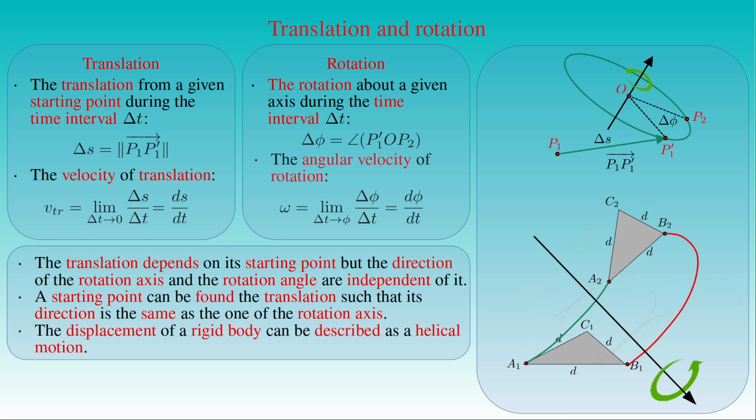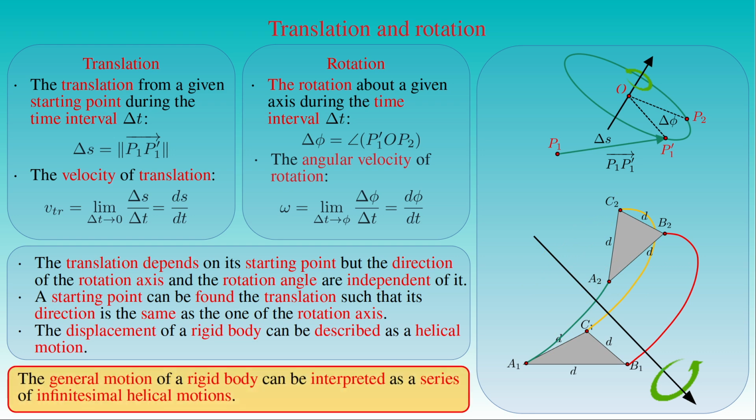A third helix passing through the corners C1 and C2 gives the path of the point C1 covered by its motion during the time interval delta t. If delta t tends to 0, we can talk about the motion during an infinitesimal interval of time, and we conclude that the most general motion of a rigid body can be interpreted as a series of infinitesimal helical motions.